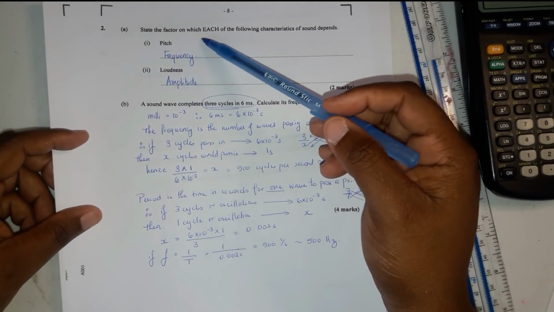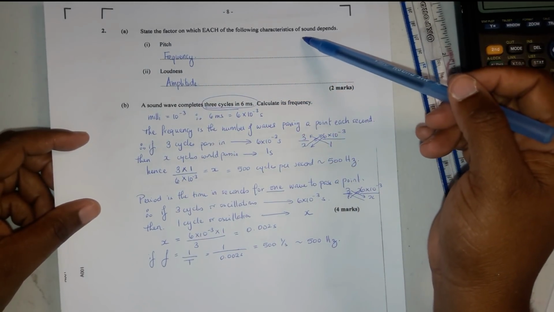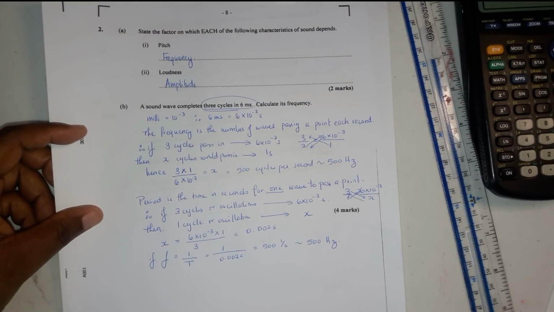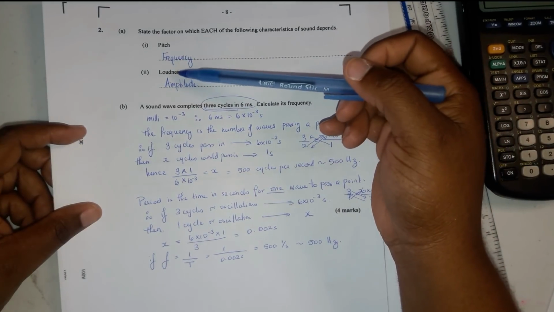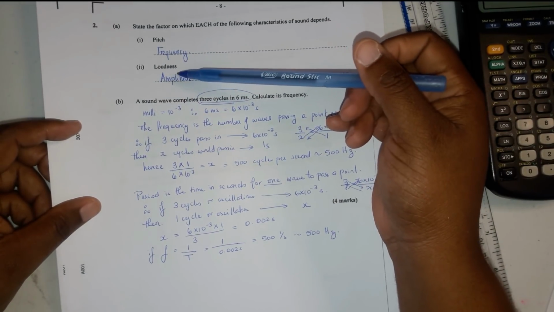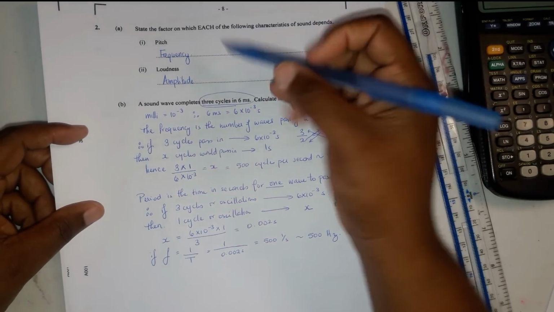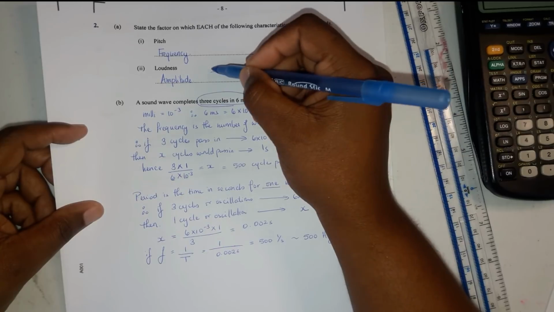So state the factor on which each of the following characteristics of sound depends. Pitch depends on frequency. The higher the pitch, the higher the frequency. The loudness depends on amplitude. So the higher the amplitude, so this is the amplitude here.